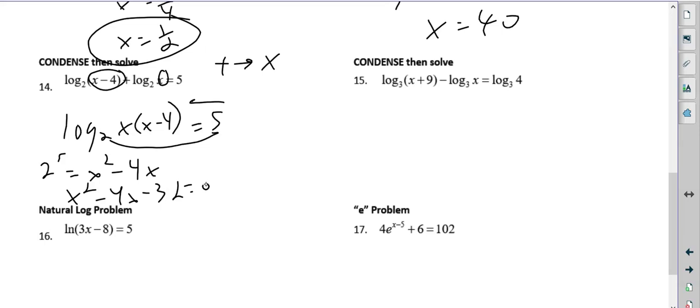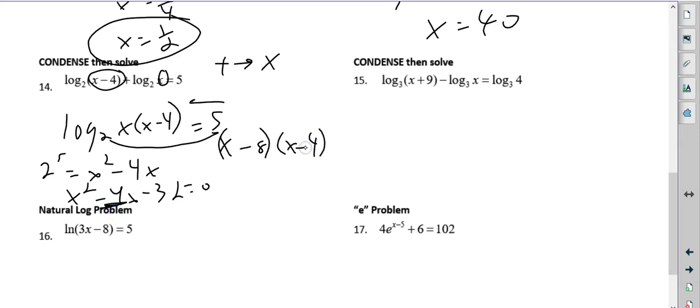And now I'm going to factor. I need to factor into two numbers that multiply to give me 32 that differ by 4. Well, that's going to be x minus, sorry, got ahead of myself. 2 parentheses, x times x. 8 times 4 is 32, but I want more negatives. So I have negative 8, negative 4 left over.